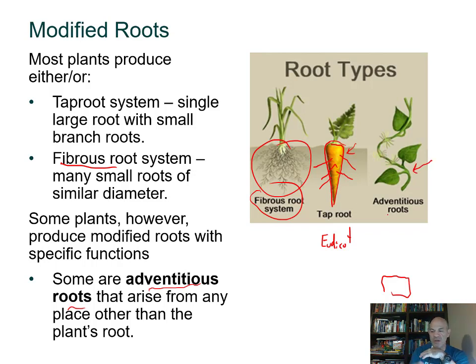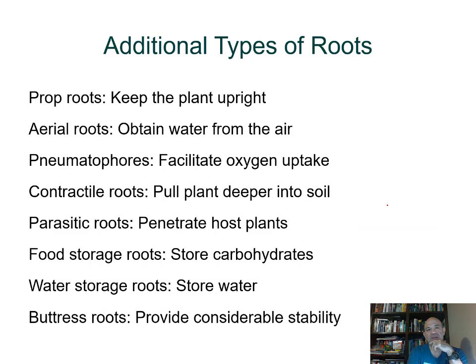If this vine is growing along the ground, instead of climbing, it may grow roots from the stem, like you see right here, and those roots would go into the ground. Those will be referred to as adventitious roots. They're growing from a structure other than the root itself. In this case, that would be growing from a stem, so that's adventitious.